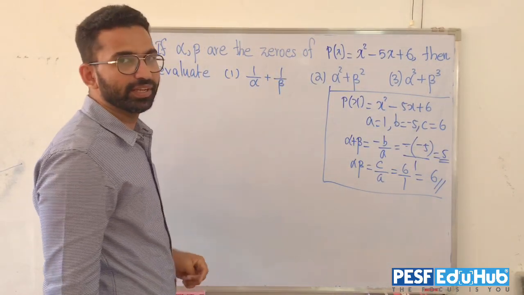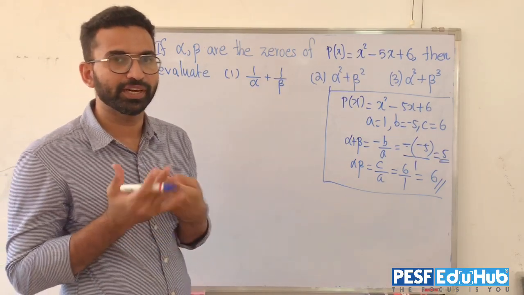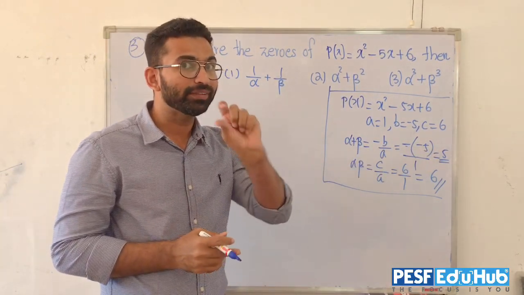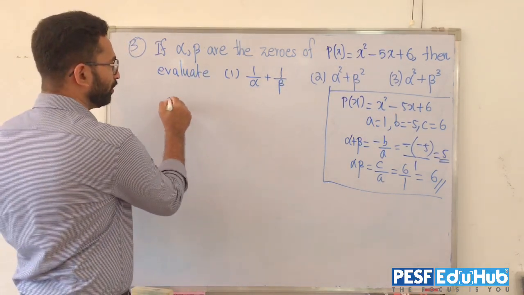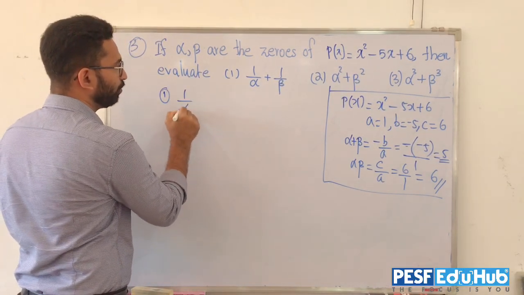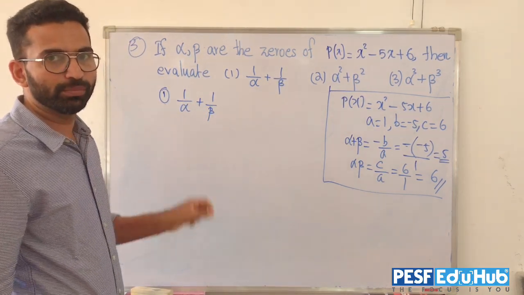Now, what is the very first thing? Are they asking you to calculate alpha plus beta? If they are asking alpha plus beta, definitely we know the answer is 5. But they are asking 1 by alpha plus 1 by beta. So this is one of the problems where you are going to make a mistake. Normally students, how will they do? Okay, I want to calculate 1 by alpha plus 1 by beta.